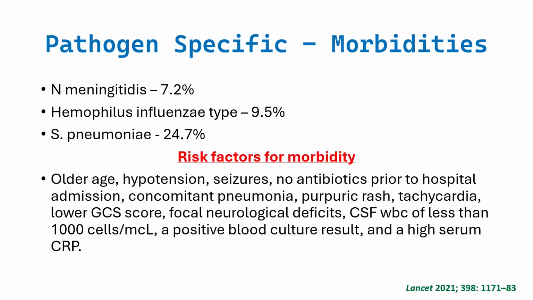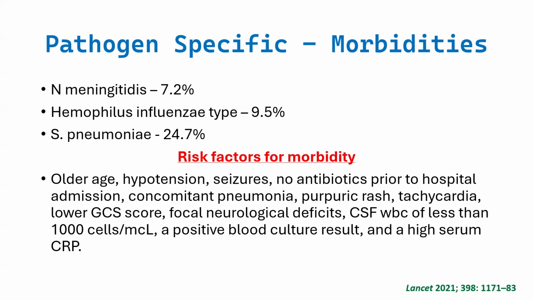The pathogen-specific morbidities: Neisseria 7.2% morbidity, H. flu 9.5%, strep pneumo carries 24.7%. Since strep pneumo is the predominant organism, early identification and treating aggressively with appropriate doses of antibiotics is very imperative. What are the risk factors for morbidity?